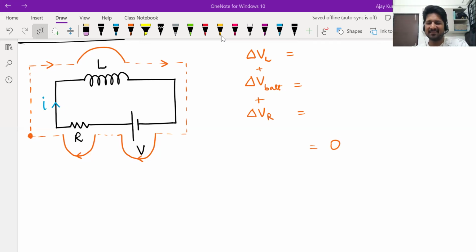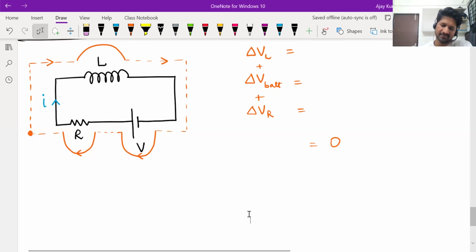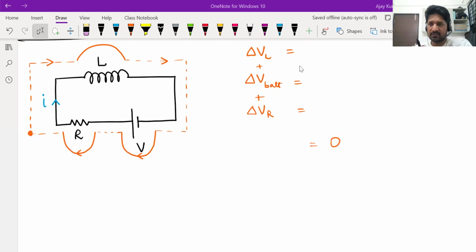Any answer? Okay, listen. Rishi, unmute yourself. We'll discuss. The first thing I asked you to write is the expression for change in potential when you move across the inductor.